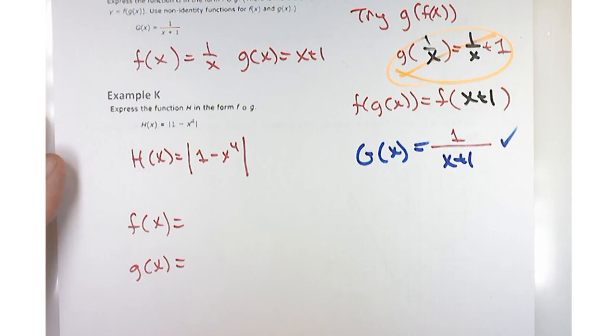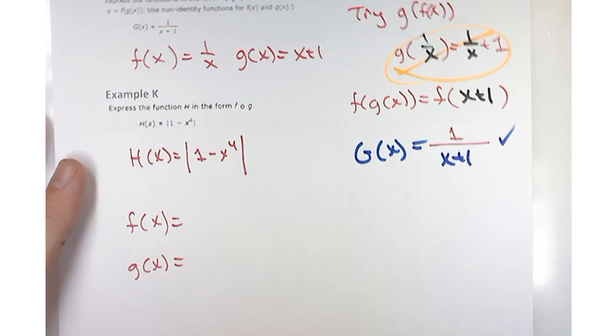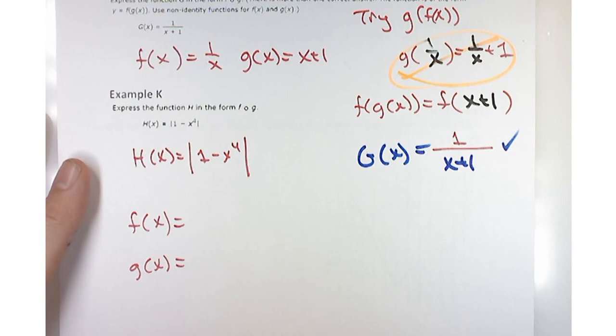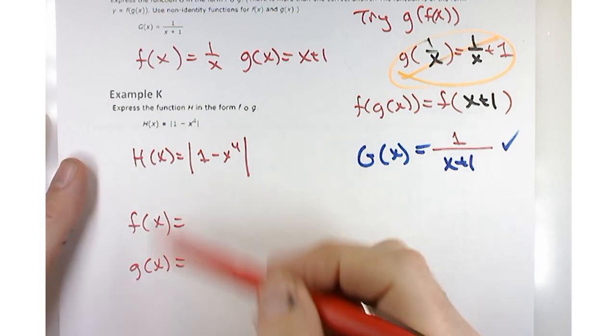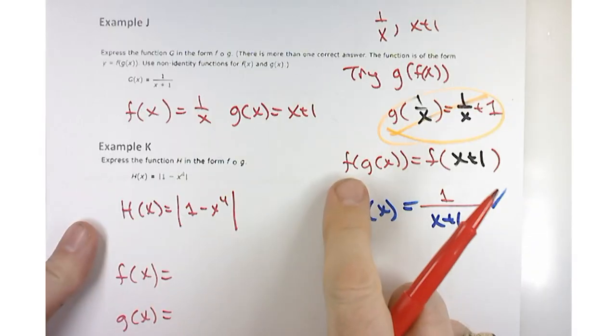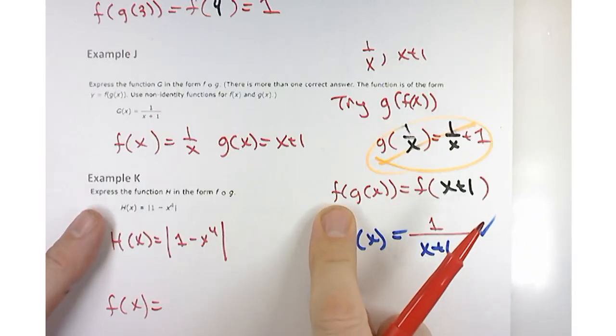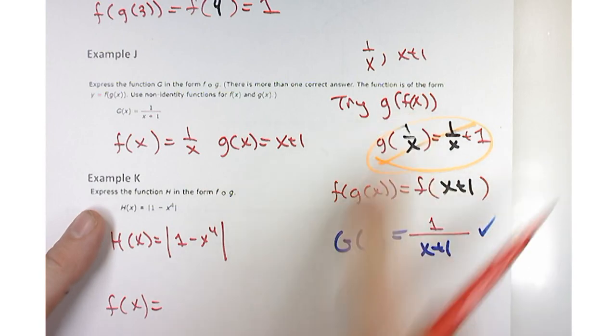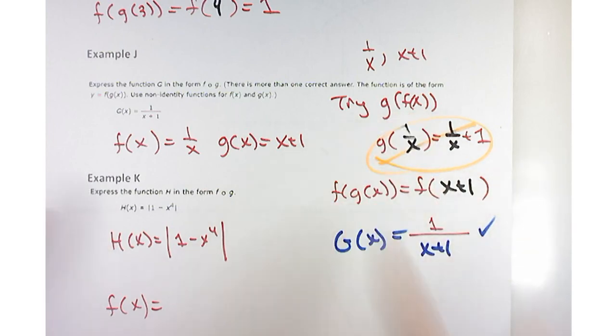Mina, I'm ready for your question now. No matter which one we put as f and g, does g always have to be on the outside? Well, you can call whichever one you want f and whichever one you want g, but the order does matter. We saw that in the last example, right? G of f of x and f of g of x gave us different things, and only one of them was right.